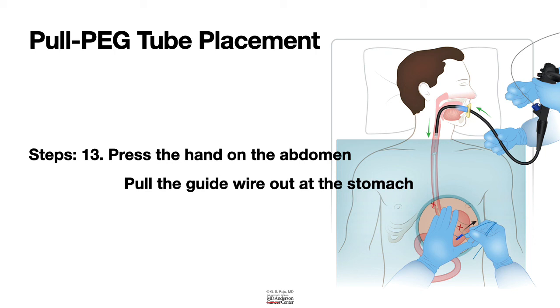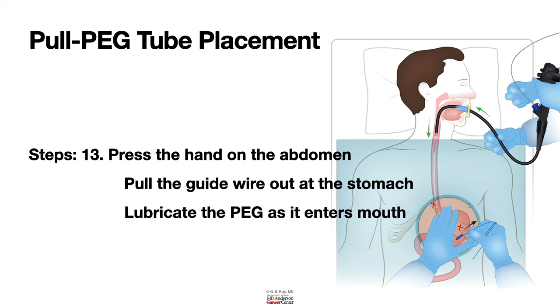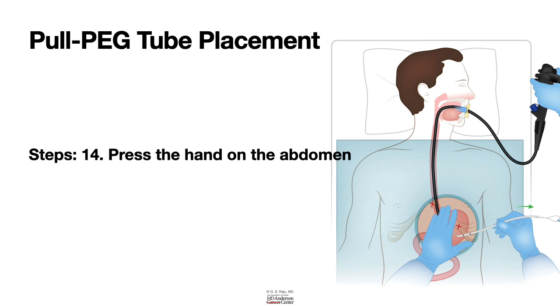As the PEG tube enters the mouth, make sure it is lubricated well, and continue to pull the PEG tube, and the endoscope follows the PEG tube to see what is happening along the way. Continue to press the hand on the abdomen.